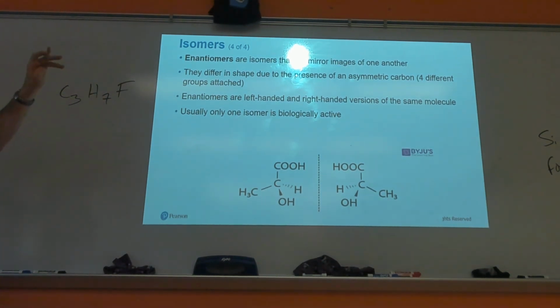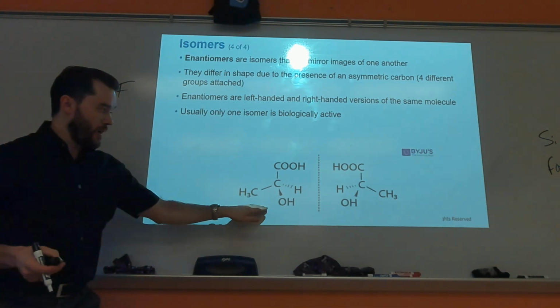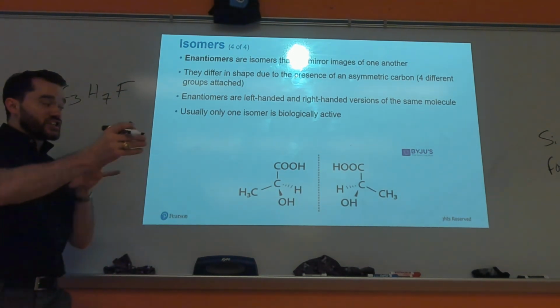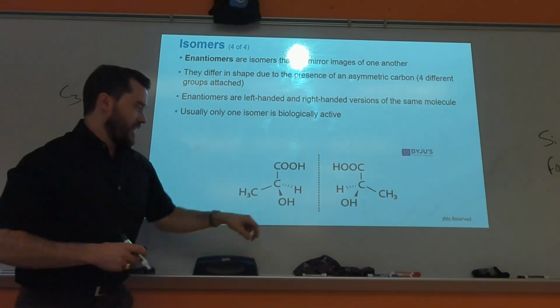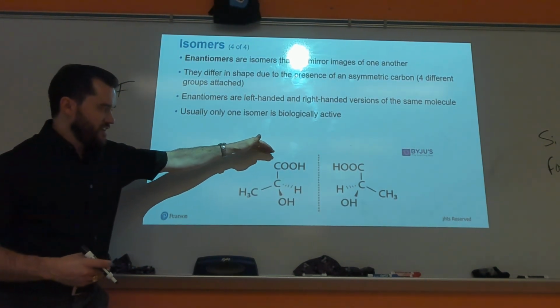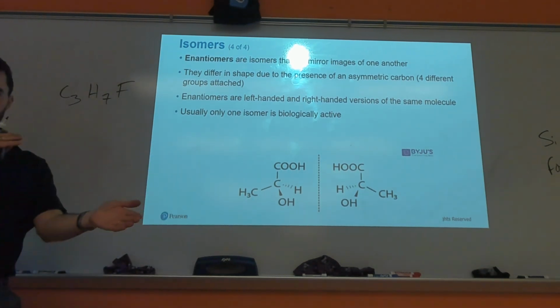If you look at this molecule, all of the groups attached to the carbon are the exact same. You've got an OH, a hydrogen, CH3, COOH, and their relationships to each other are all the same. The OH and the H are next to each other, and COOH is on top of that. But enantiomers are just mirror images of each other.